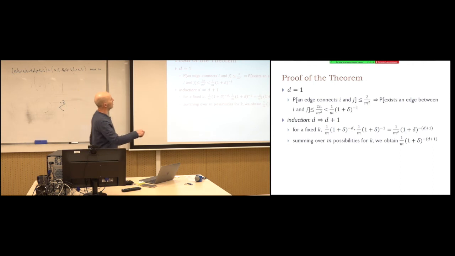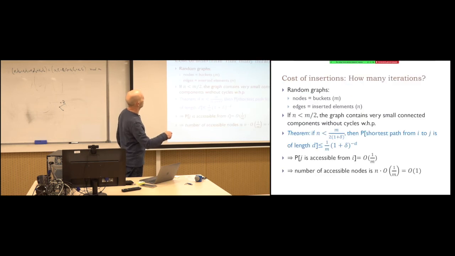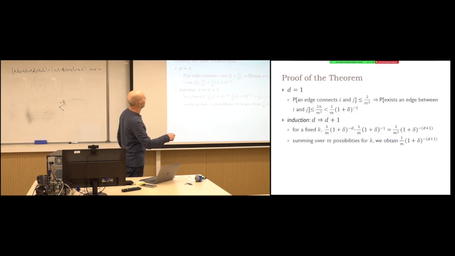So it's n divided by m square over 2, and since n is smaller than m over 2 divided by 1 plus delta, we obtain this.